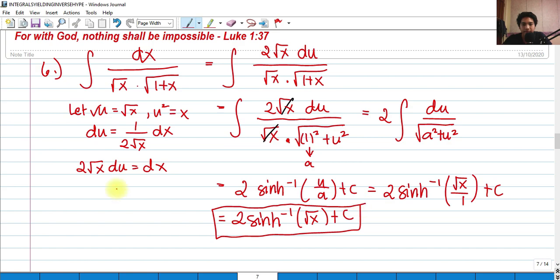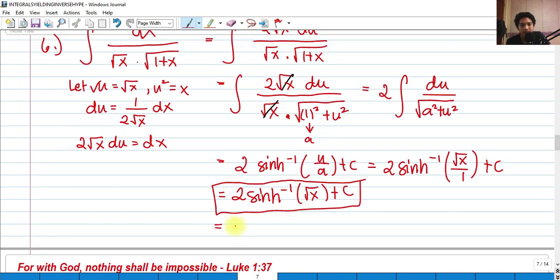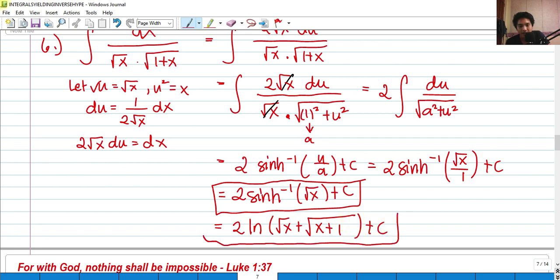In terms of the ln, we can rewrite this as 2 ln of u plus square root of u squared plus a squared, where our value of u is square root of x. Our u squared is the x, and a squared is 1, so plus c. So this would be our answer in terms of logarithm.